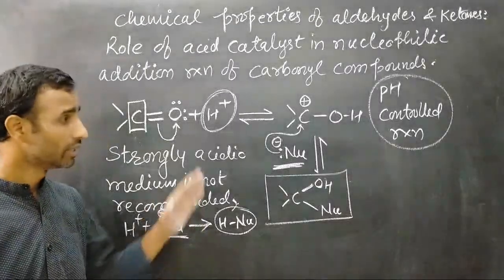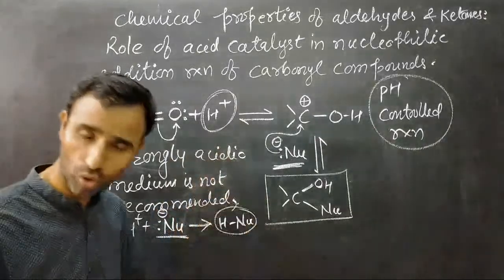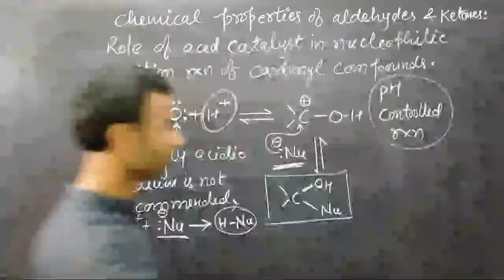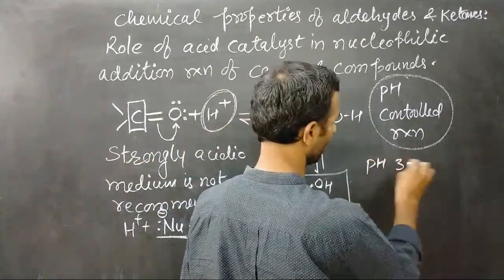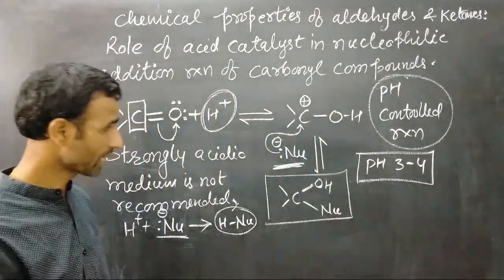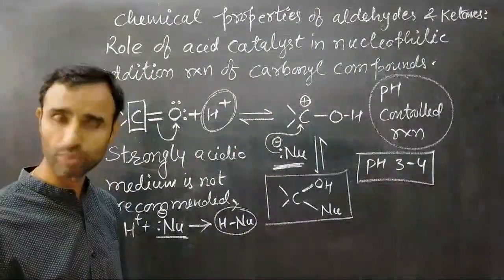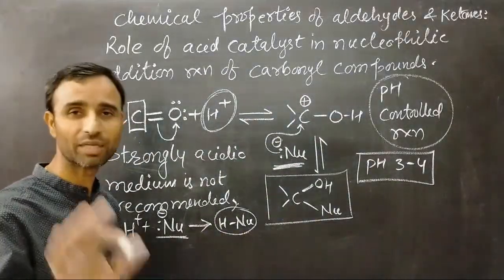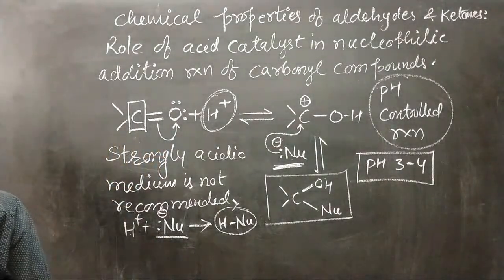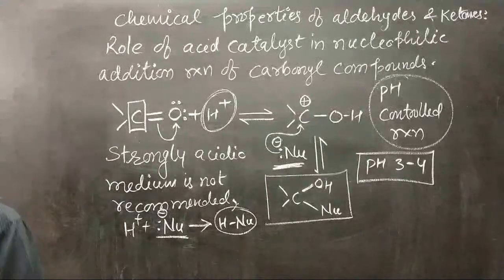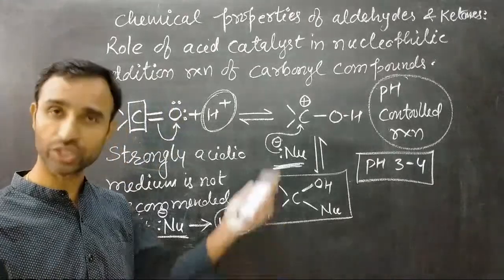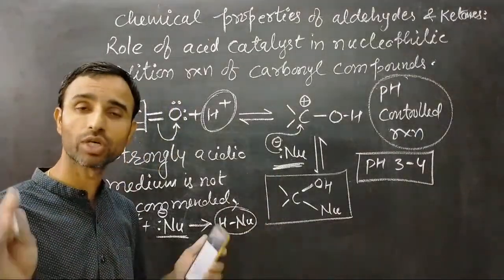That means pH should be low but not very low. So pH between 3 to 4 is recommended. Strongly acidic medium is not favorable. Weakly acidic medium is required. Okay? So nucleophilic addition reaction is a pH controlled reaction.